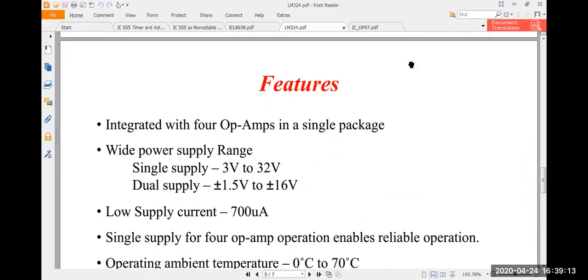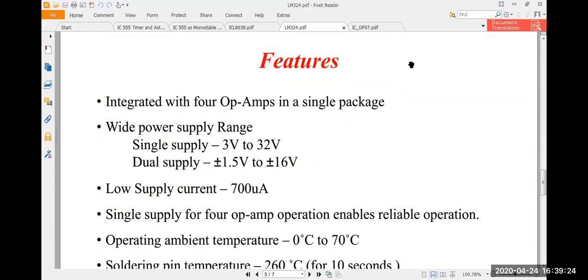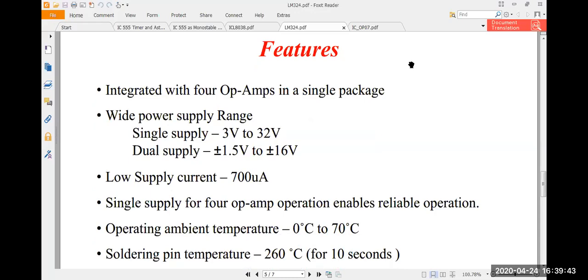What are the features? You can see it has an integrated 4 op amps. Then the wide power supply range is minus 3 volts to 32 volts. If you want to make use of the dual power supply, then it should be between 1.5 to 16 volts. For a single power supply, it should be from minus 3 volts to 32 volts.